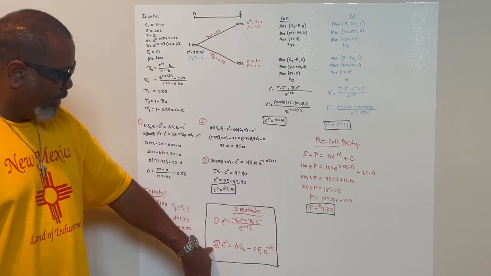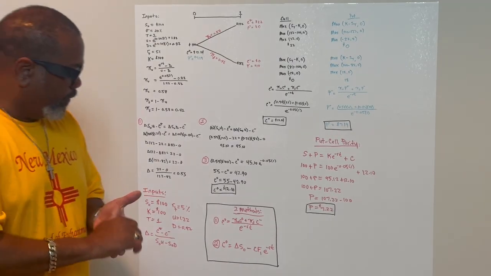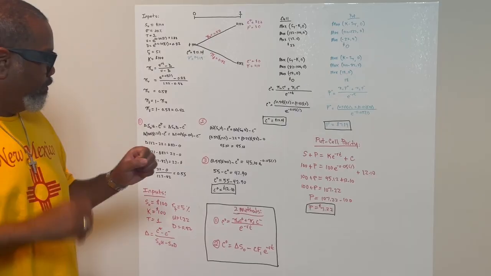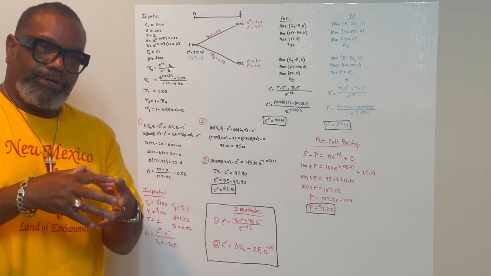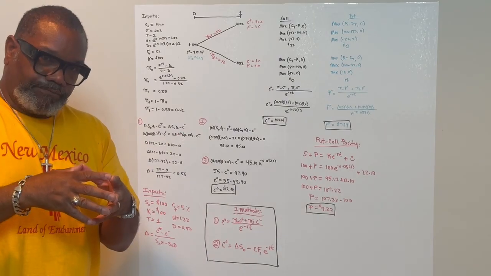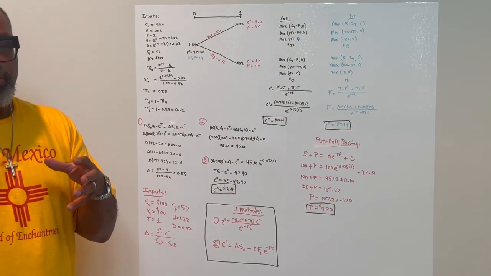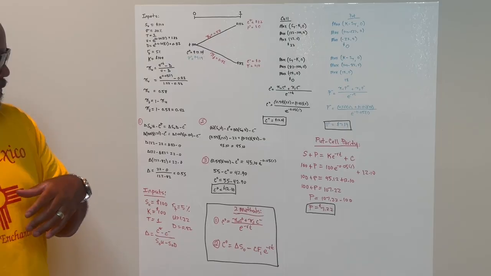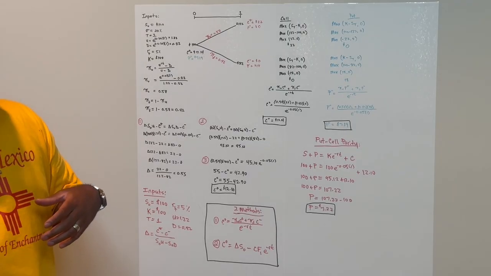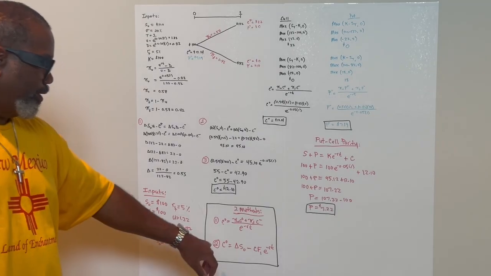Or the second method to determine the value of the call option today is to look at what the cash flow is today to put together the portfolio, and then once that portfolio is in place, we know what the value or the cash flow that that portfolio is going to produce 1 year from now, and we just simply discount that to figure out what the value of the call option is.